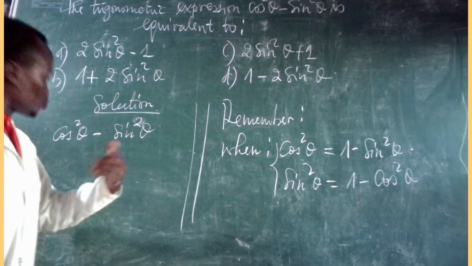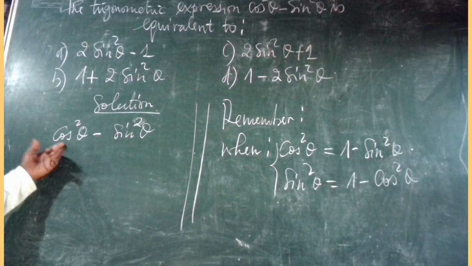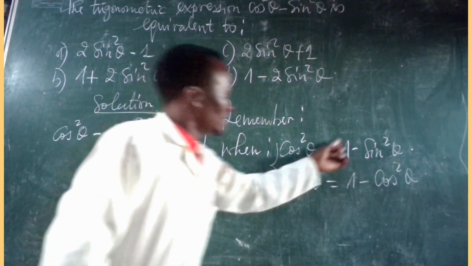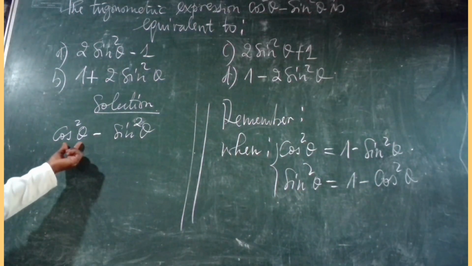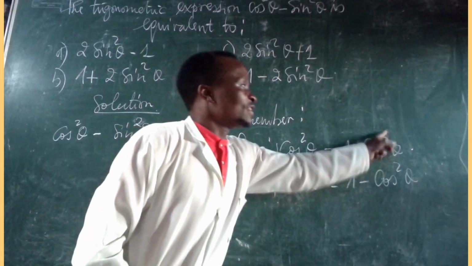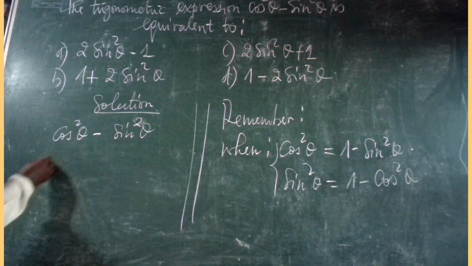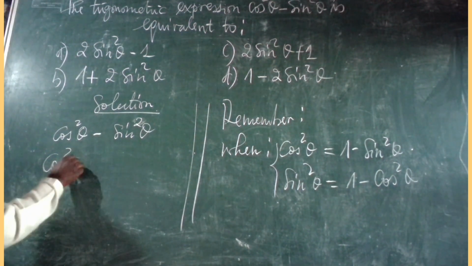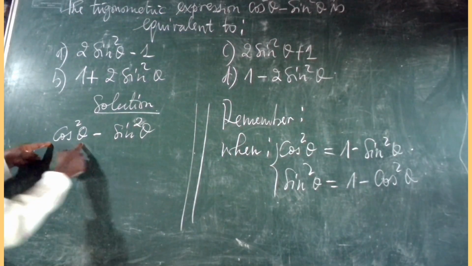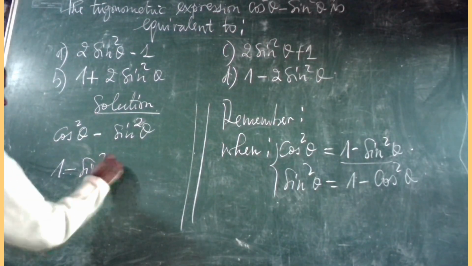Now we are going to choose one among these two trigonometric ratios. We take this one in the place of cosine square theta, because cosine square theta is equal to 1 minus sine square theta.